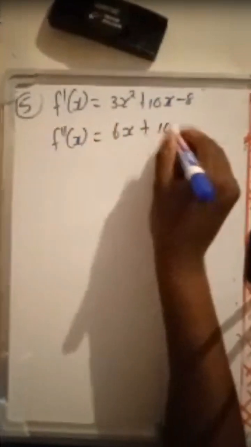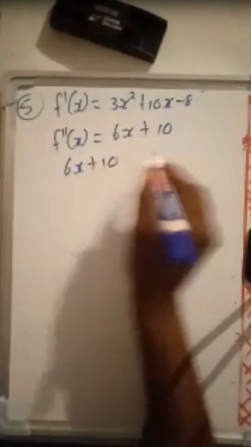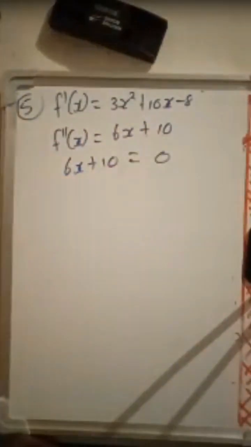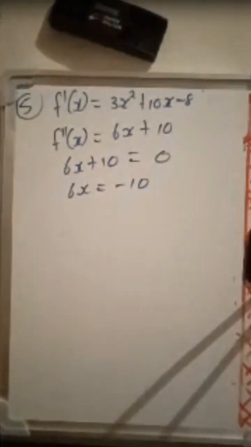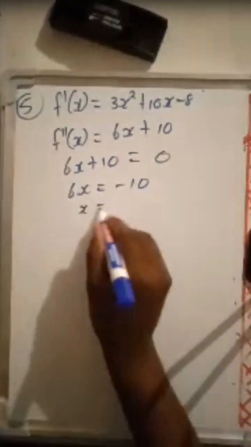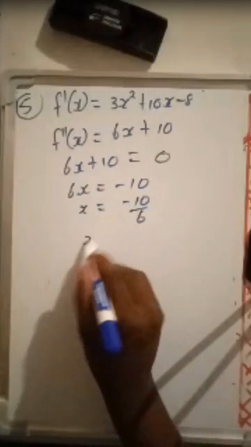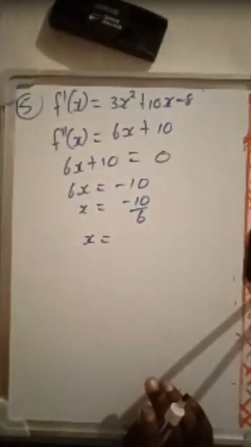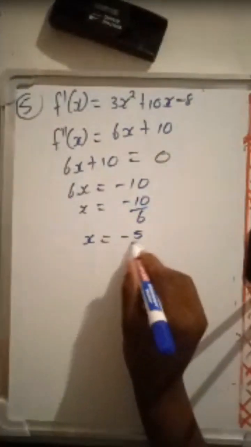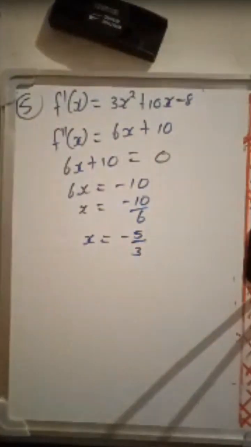So 6x plus 10 is equal to 0. Then 6x is equal to negative 10, then x is equal to negative 10 over 6, which eventually gives us negative 5 over 3.